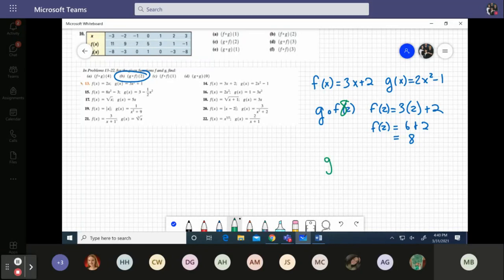So that's going to be 2 times 8 squared minus 1. 2 times 64 minus 1, 128 minus 1 gives me g of 8 at 127.